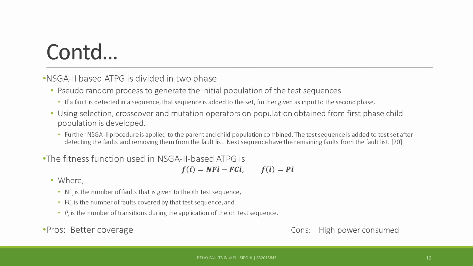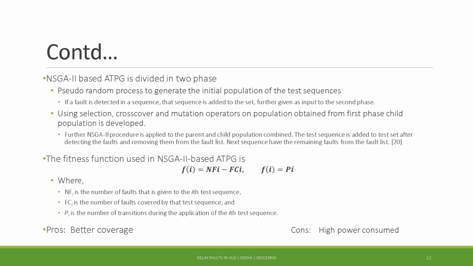NSGA2 based ATPG is divided into two phases. In first phase, to generate the initial population of the test sequence, pseudo-random process is adopted. If a fault is detected in a sequence, that sequence is added to the set, further given as input to the second phase.